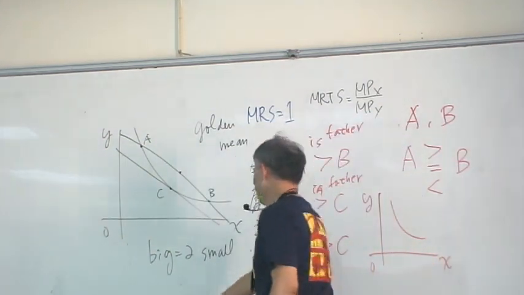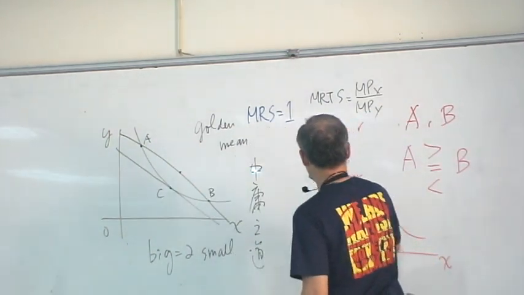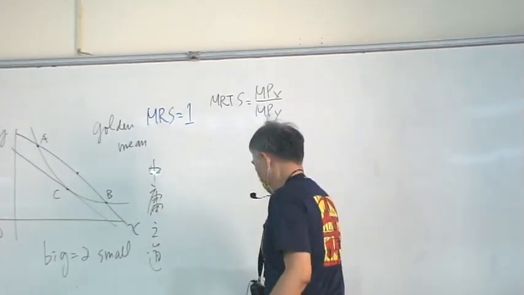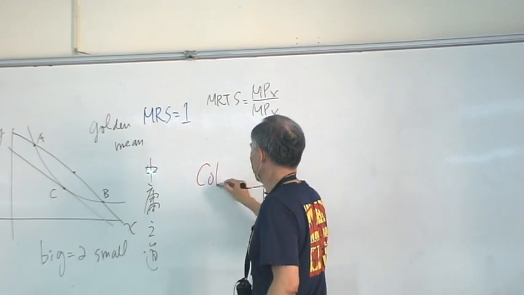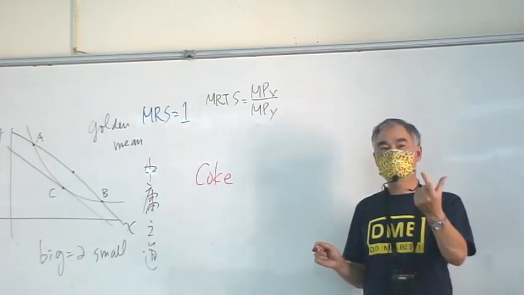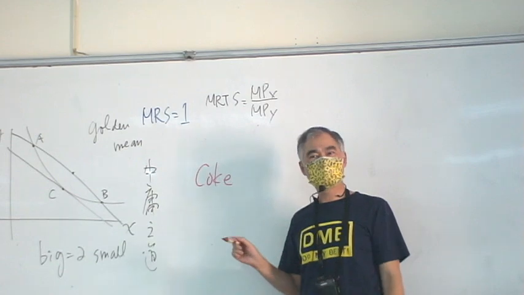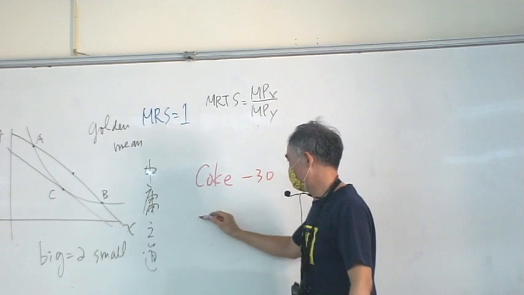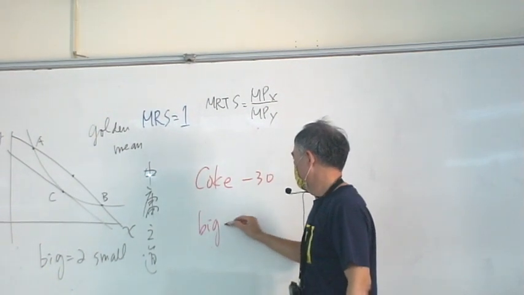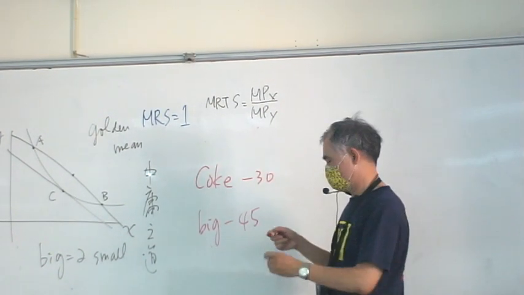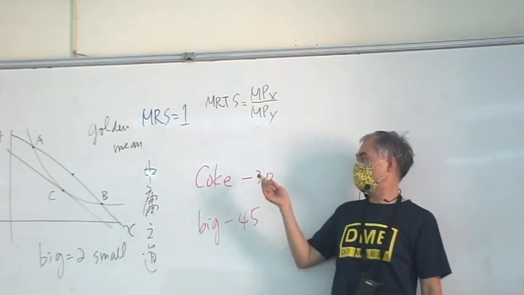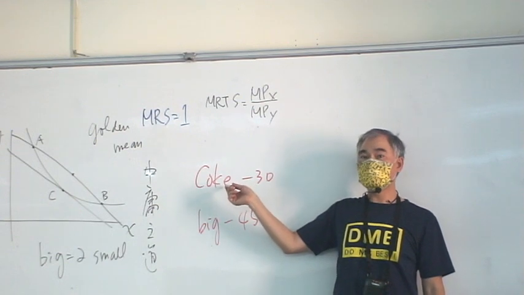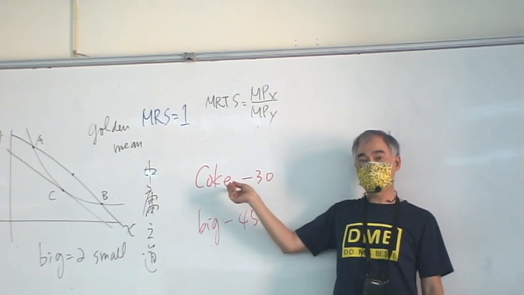So for drinks, I think I can guess the price. For Coke, what is the price of a can? $30? But what about a big bottle? Probably $45, right? But generally, people still buy the small one rather than the big one. Per unit, the small one is more expensive.